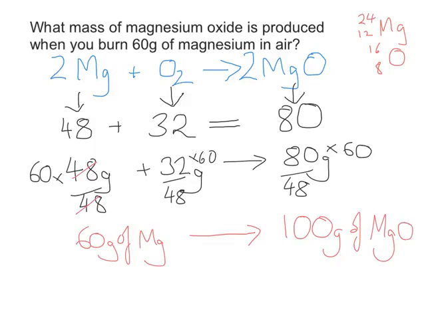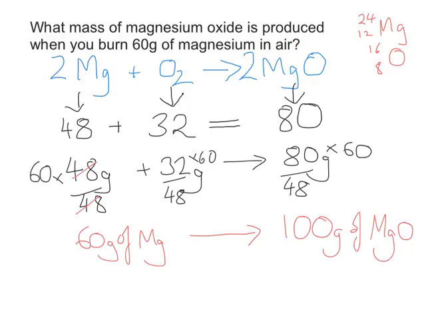So that's one way of thinking about it, which is to think about atoms. What you could also do is think about this in terms of moles. Because what this equation is also telling you is that 2 moles of magnesium will react with 1 mole of oxygen to give me 2 moles of magnesium oxide.